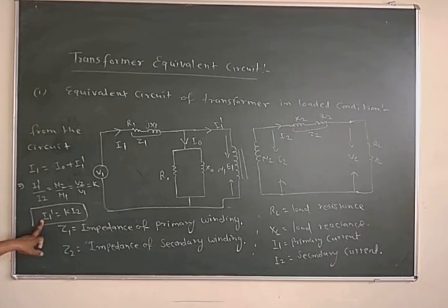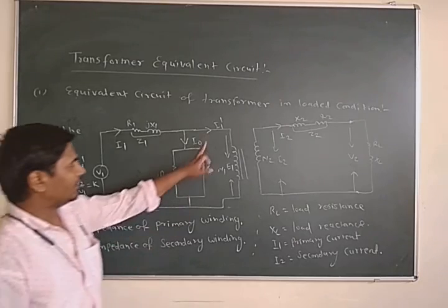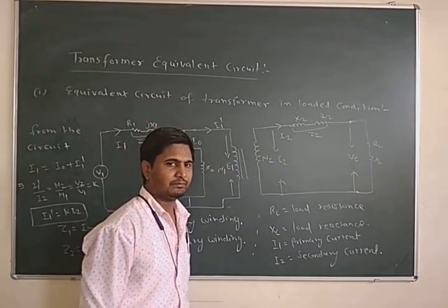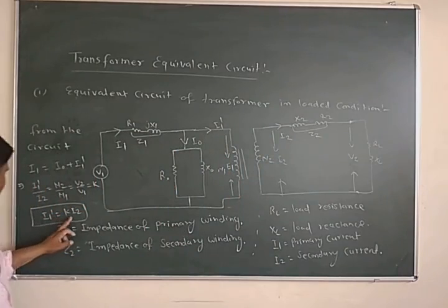Here I1 dash is the secondary current reflected towards the primary side, and its value is K times I2.